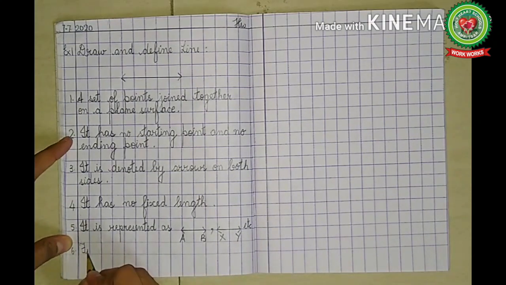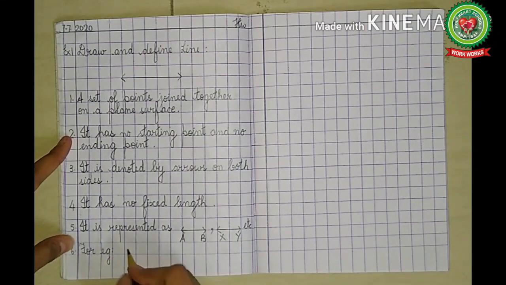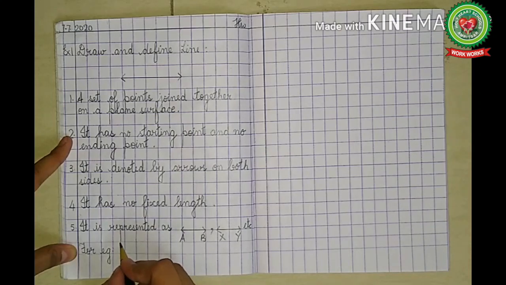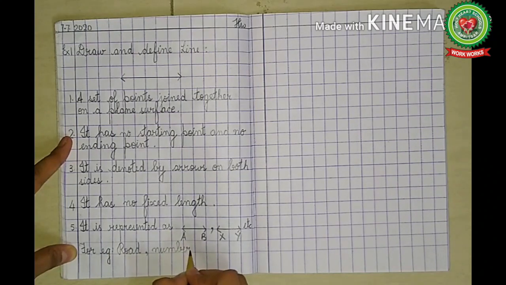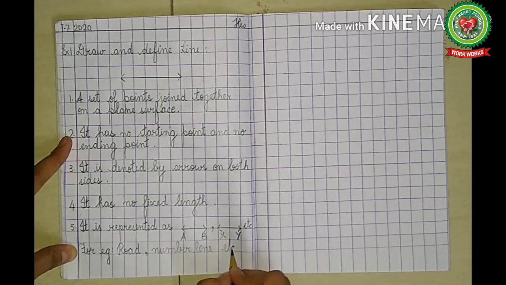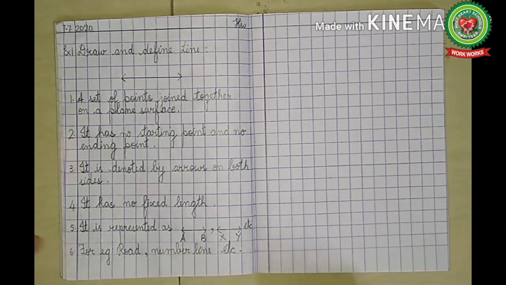For example, road and number line, etc. So with this, copy approach of line is complete.